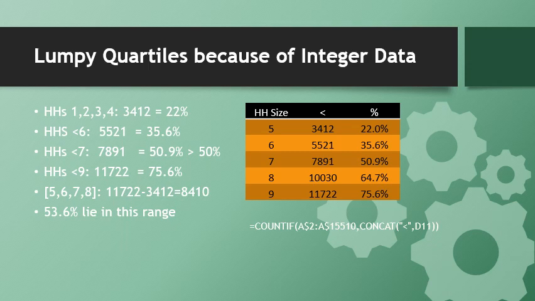Then if you go up to households of size 6, you get to 35%. So basically within the category of 5 you have about 13% of the data. So if you take some of these size 5 households and put them into the first quartile, you will get up to 25%.